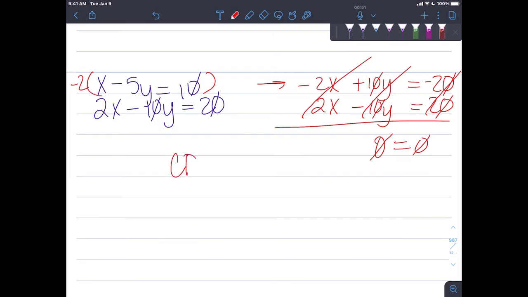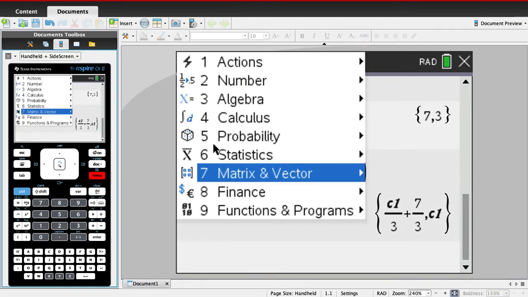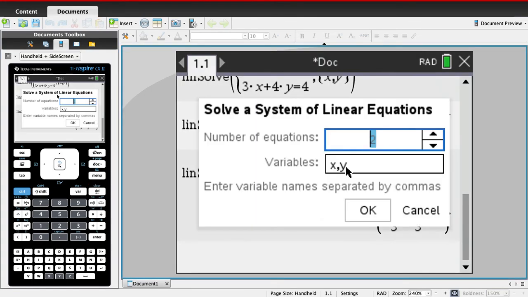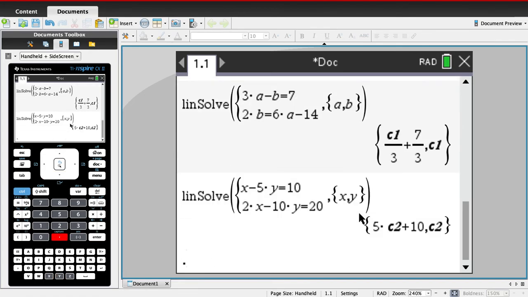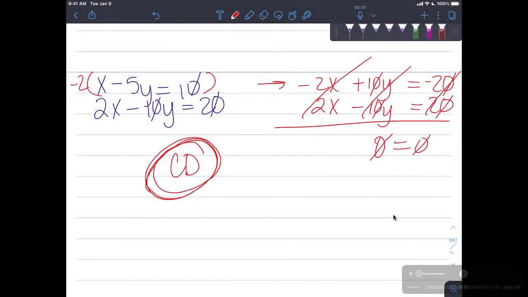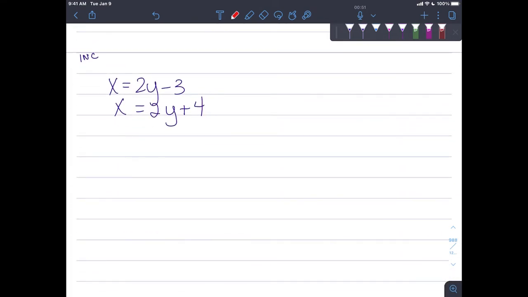This is a consistent dependent. Let's verify that in the calculator, though. And look at that. I got a letter C in there, which tells me that this is definitely a consistent dependent. Now, what about these inconsistent guys?